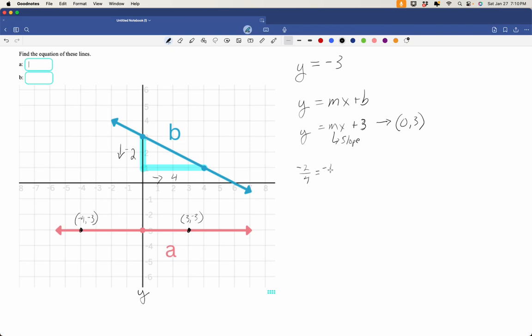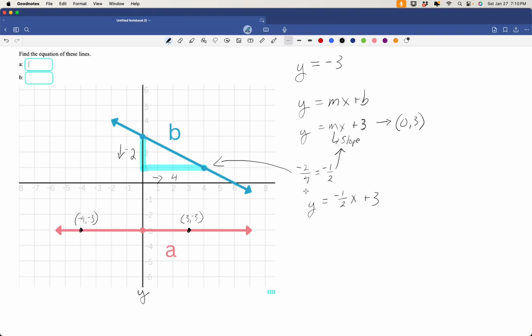So this is actually negative 1 over 2. And this is what we're going to put in here. Okay, that was this information here. We reduce the fraction, and we put it in for slope. So now we have y is equal to negative 1/2, that's the slope, x plus 3.